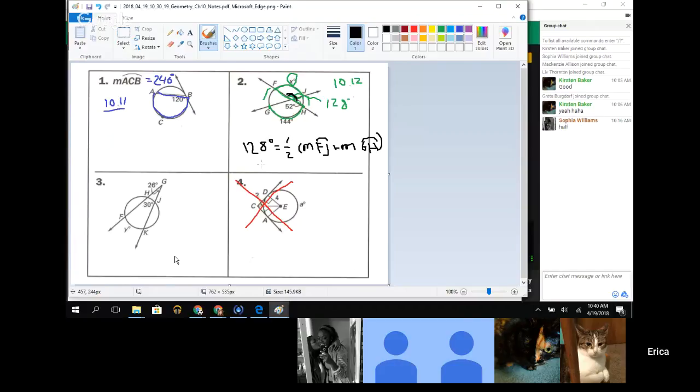Okay, so if I fill in the blanks, I have 128 degrees equals 1/2. What is the measure of FJ? That's X, right? And GH is 144 degrees.